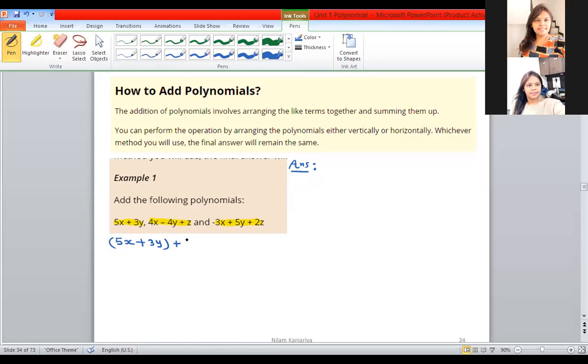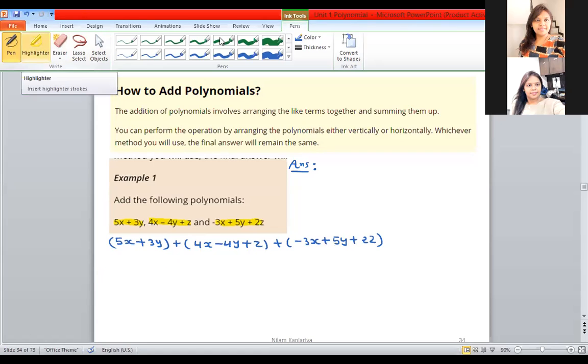The first polynomial is added with the second polynomial, and the last one 2z. So the meaning is that for addition, we take a plus between all of them.